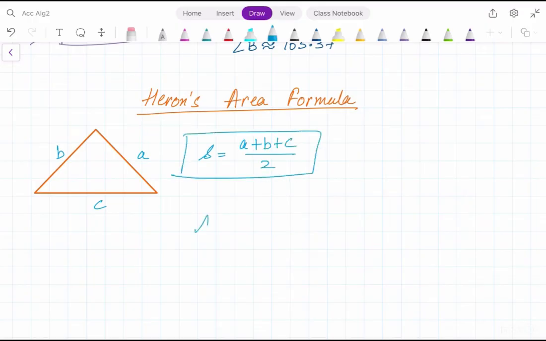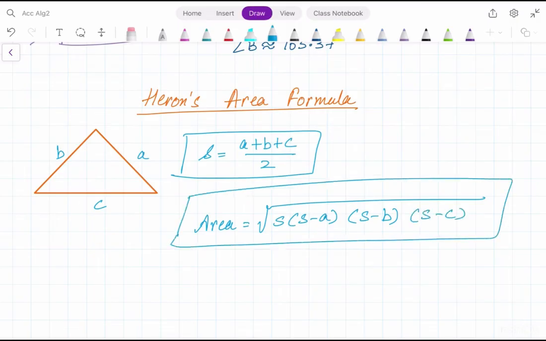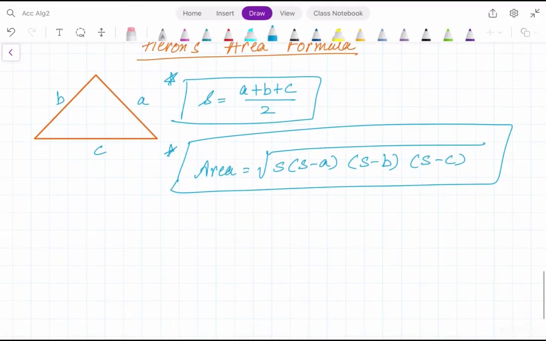S forms the basis of it. We add all the sides and divide by 2. And area is calculated with this formula, radical of S times S minus A, S minus B times S minus C. So these two formulas are very, very important if the question is asking for Heron's area formula. And how to identify whether I need to use Heron's formula or not, I will discuss later.